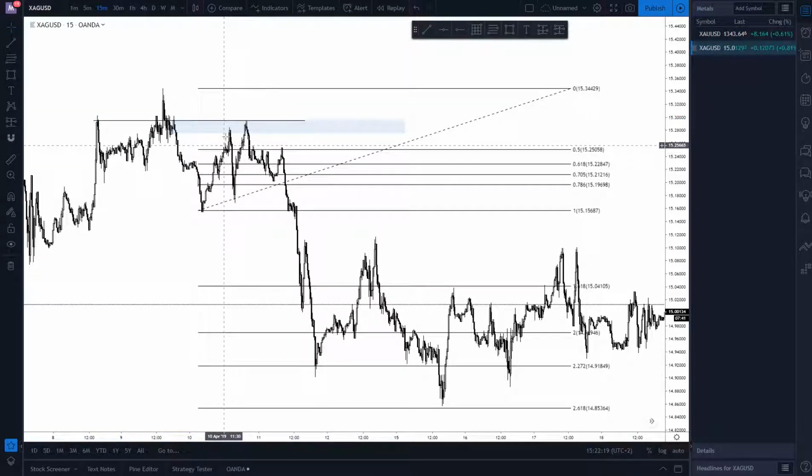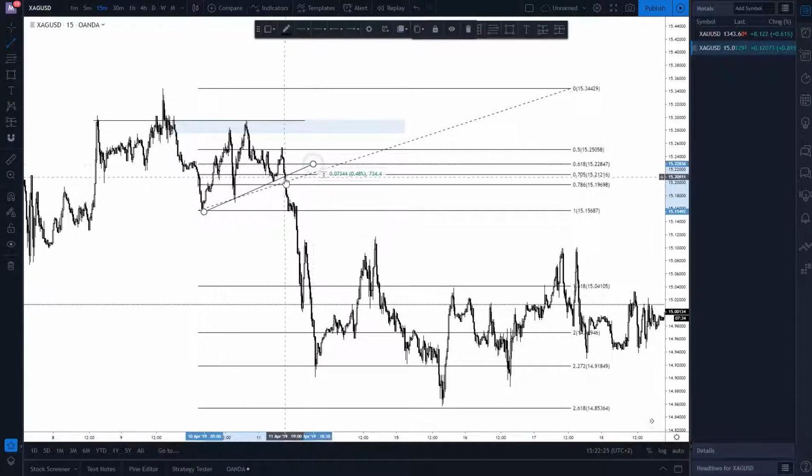Okay, this is some sort of three drive pattern. Then the next confluence is that we are breaking this trend line, so you can sell into this move, or you can compound if you are already in a trade.